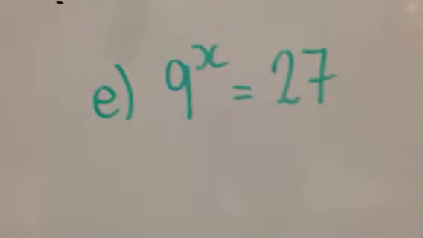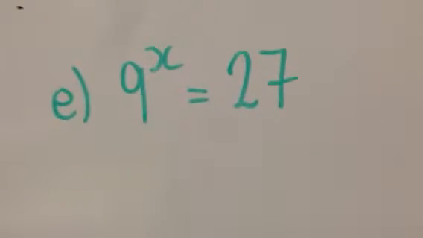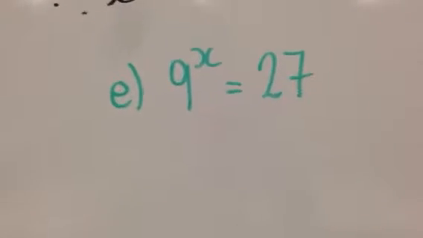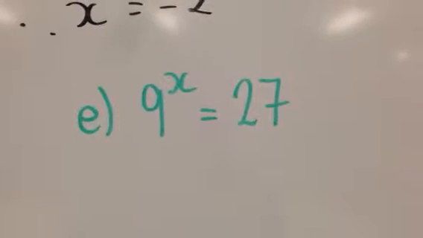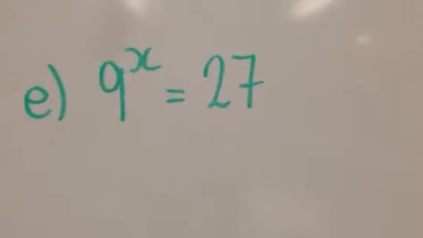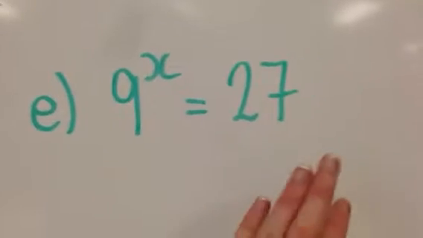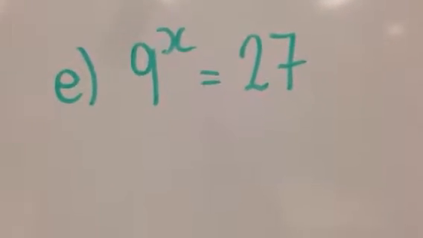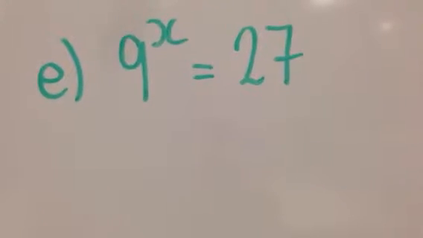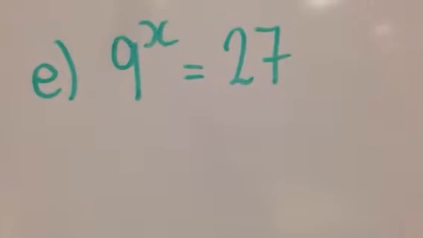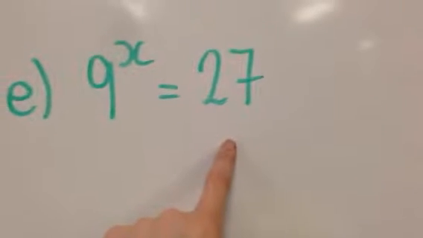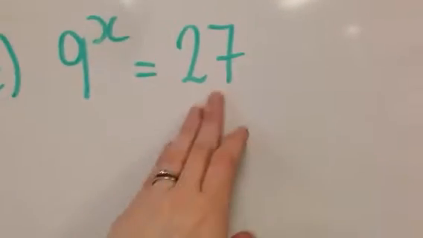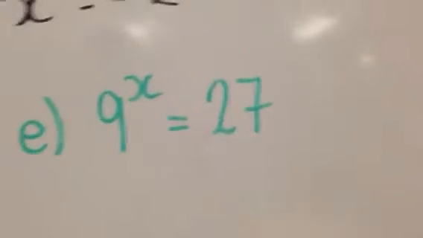Okay, next one. I've got 9 to the power of x is equal to 27. Now my issue is here that I've got a base of 9 and a base of 27. 9 to the power of 1 is 9. 9 squared becomes 81. And so 9 to the power of nothing really here will give me 27, nothing easy at least.